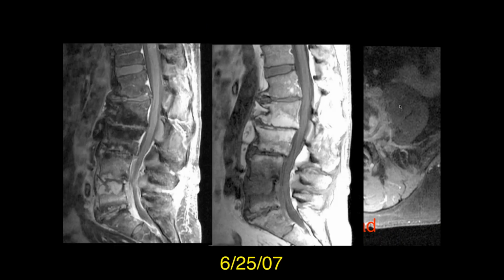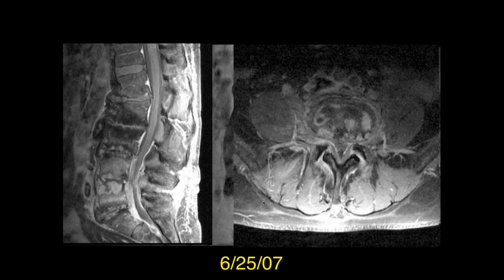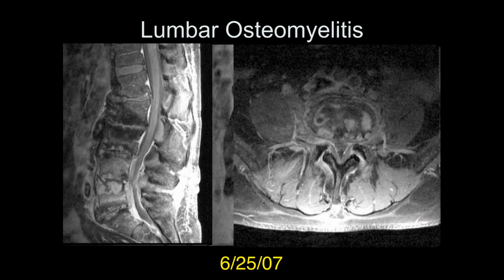This is 6/25/07. Yeah, I think there's more increased destruction. I think it's involving another vertebral body now too. So it's extending inferiorly. And there's still a lot of enhancement around the vertebral body. Yeah, so this is all osteomyelitis. And even on treatment, you can get some progression until the disease is finally corrected.